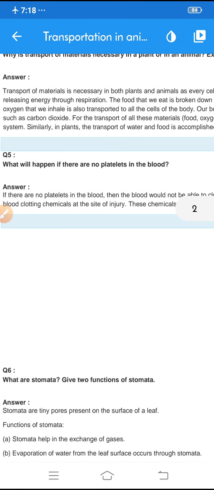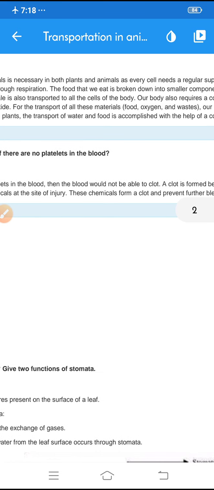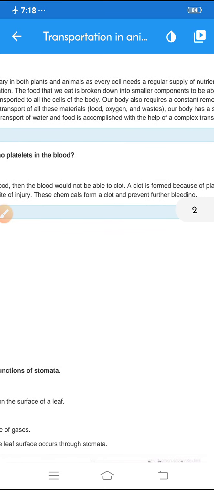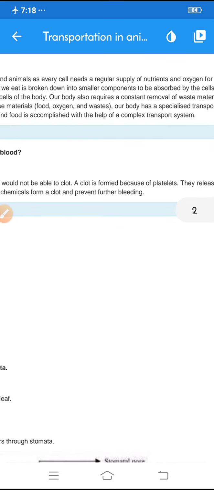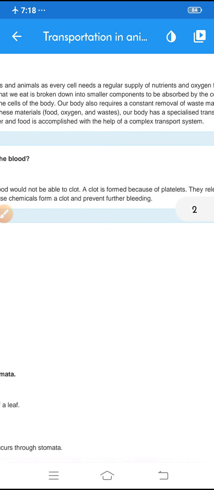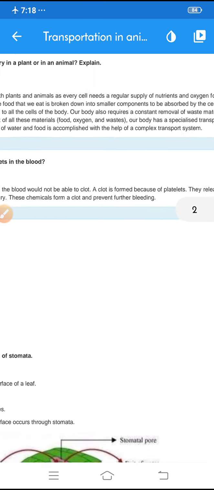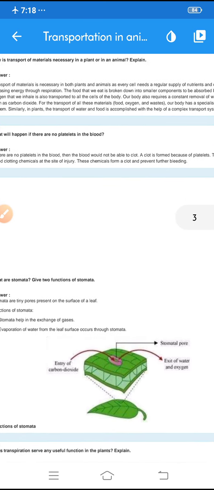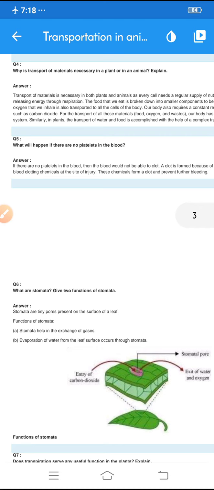Similarly, plants also have a specialized system. Transport of water and food takes place with the help of a complex transport system. This is the answer for question number 4.